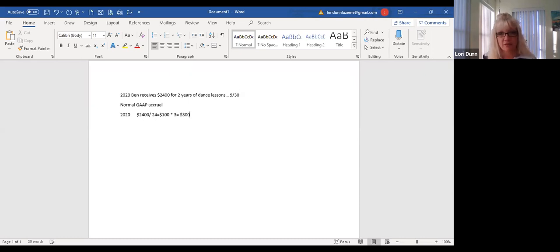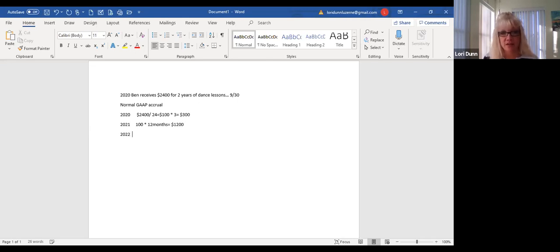$300. In 2021, when he provides 12 months, he'll recognize $1,200 in income.